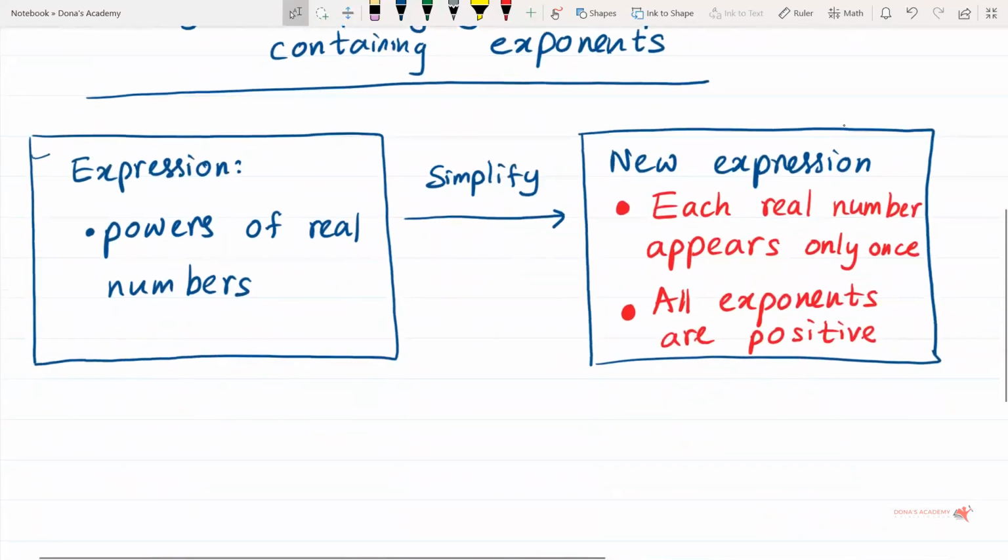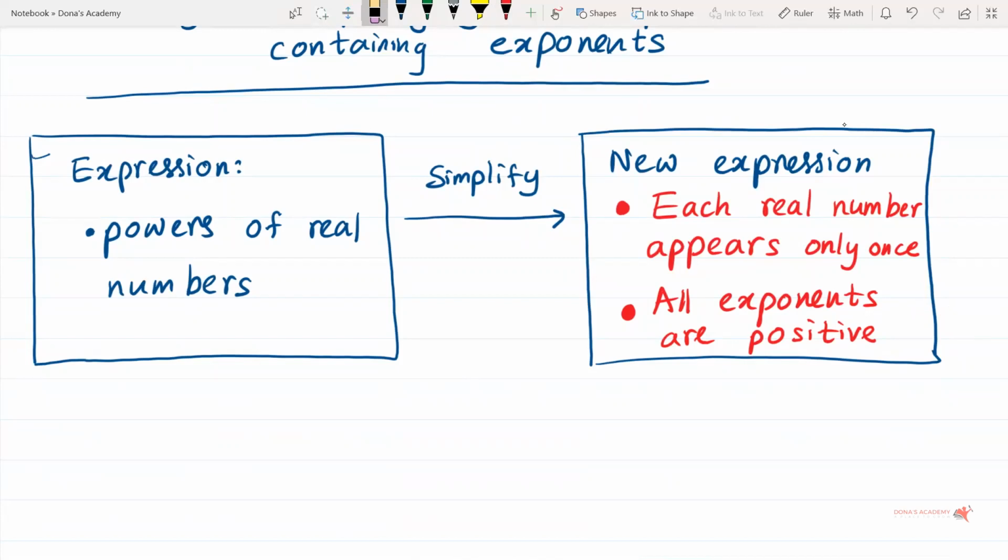So now how do we simplify this expression? Now we know the meaning, the definition. We know when to stop now, because once it satisfies these two conditions, then we know that we can stop the process. So that's how we simplify an expression.